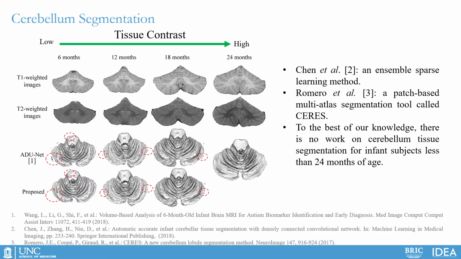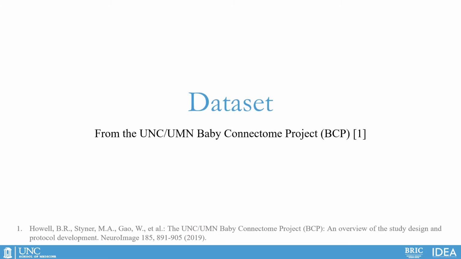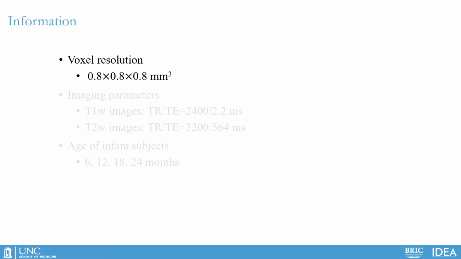We should note that only 24-month-old manual labels are used for training. Our dataset comes from the UNC Baby Connectome Project, shortly BCP. There is some information about the dataset.